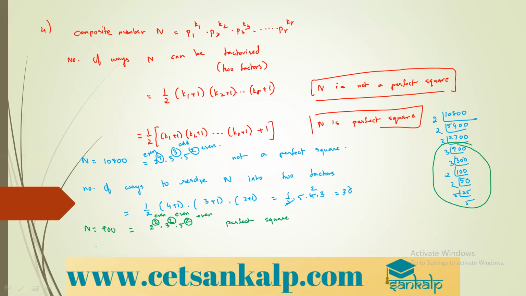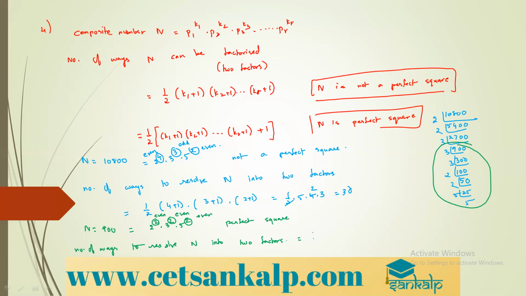Which formula will you use? The second formula. So what I will say: number of ways to resolve n into 2 factors. What will be the number of ways using the second formula?